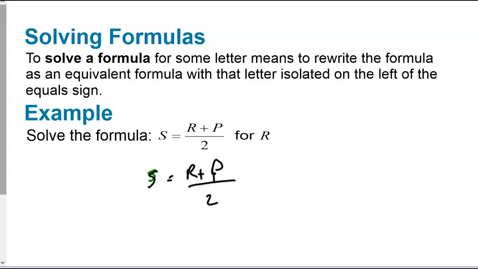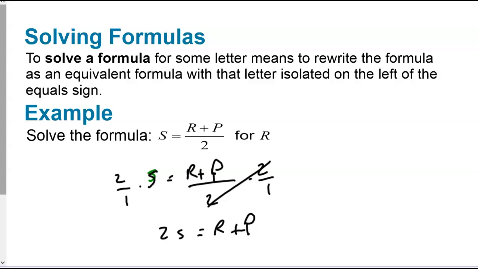And since we're dividing by 2, let's go ahead and do the opposite operation, which means we'll multiply by 2. So what we do to one side, we have to do to the other. This becomes 2s equals r plus p, because those 2's will cancel out each other.